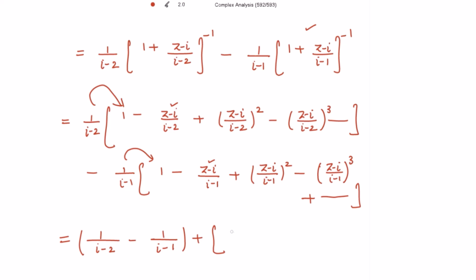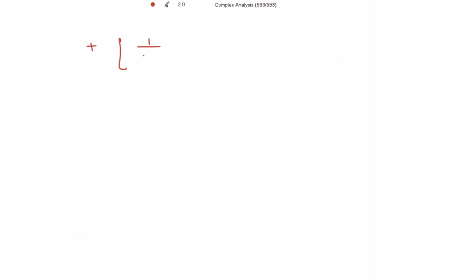So we have minus 1 divided by iota minus 2 whole square, and here plus 1 divided by iota minus 1 whole square, and we have taken z minus iota outside of this bracket. Similarly the next one, that is 1 divided by iota minus 2 whole cube minus 1 divided by iota minus 1 whole cube, and z minus iota whole square will be taken outside the common, plus so on.